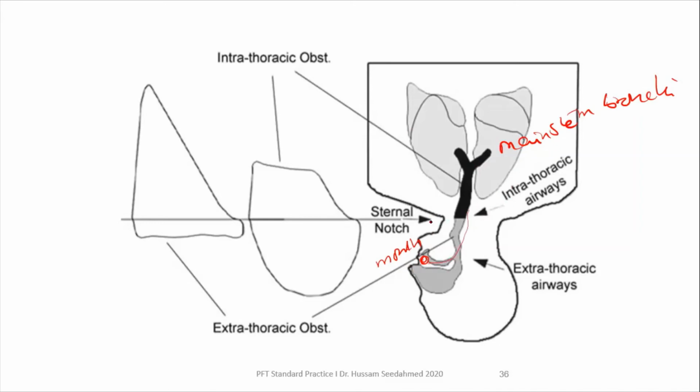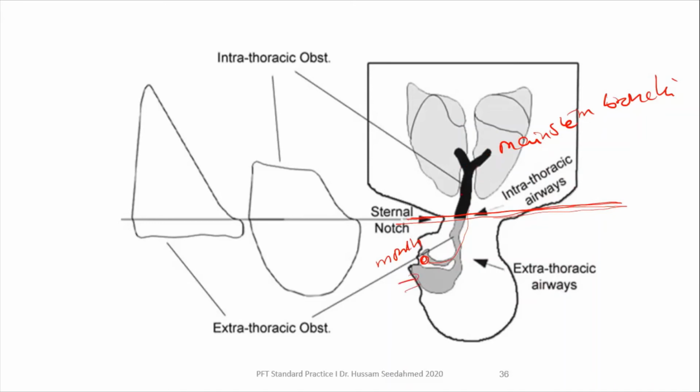Now, the upper airway is divided at the sternal notch or at the thoracic inlet into intrathoracic upper airway and extrathoracic upper airway. Intrathoracic and extrathoracic. I will explain to you ليه الصورة دي مقلوبة in a while. So the upper airway عرفناه. قلنا this is the portion of the airway extending from the mouth to the main stem bronchi.